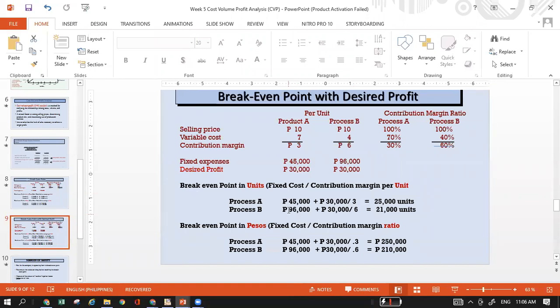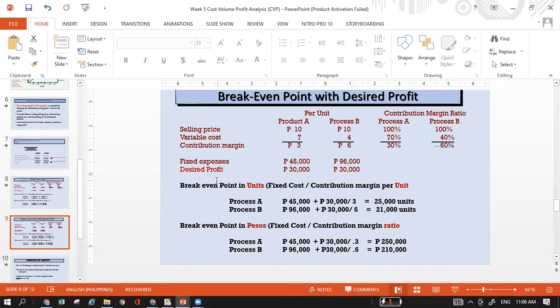So 45,000 plus 30,000 divided by 3 and you get 25,000 units. And the same thing with your break-even point in pesos. So 45,000 plus 30,000 divided by contribution margin ratio and your break-even point in pesos is 250,000.